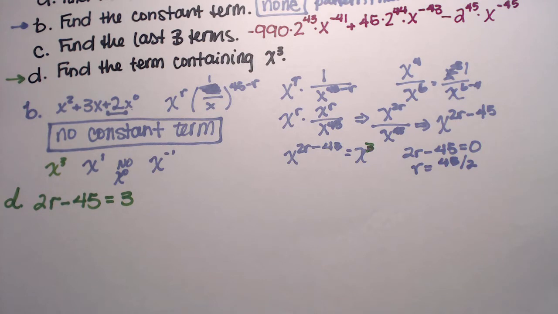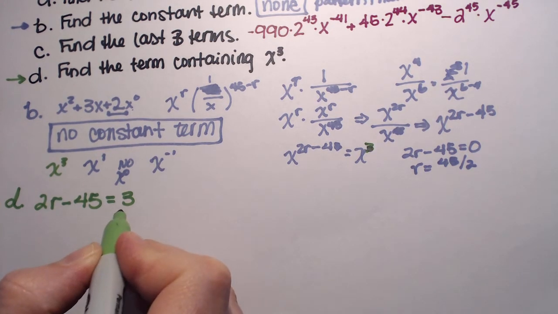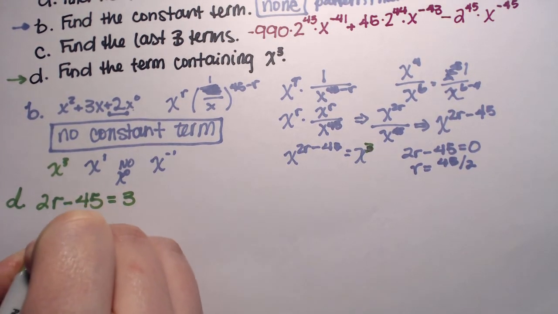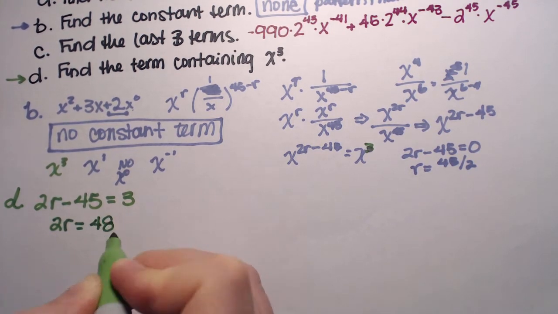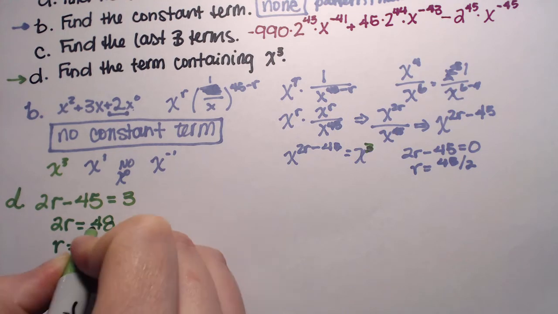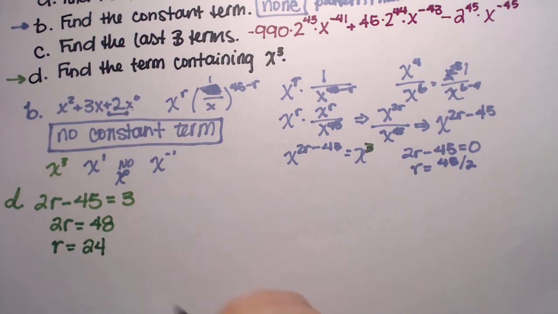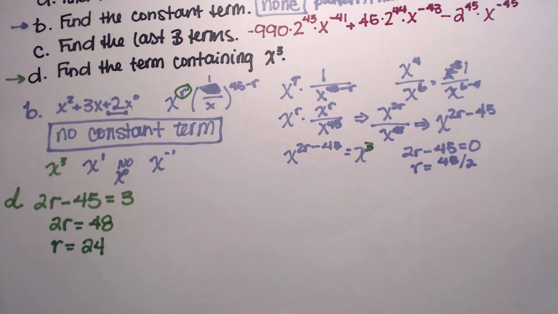Okay, so if I add 45 to both sides, I get 2r is equal to 48 and divide by 2, so I get 24. So I want this piece to be 24.